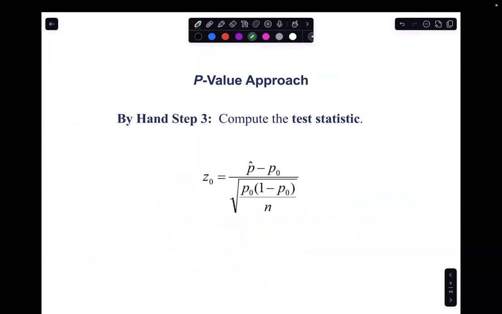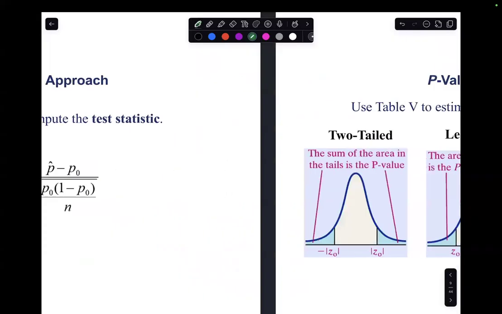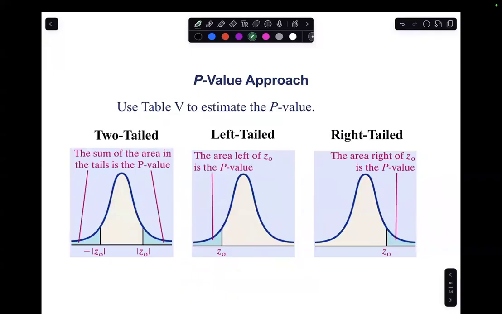Okay, I'm going to move on. For the p-value approach, you're going to compute your test statistic, as we said. Then it wants us to use the table to estimate our p-value, which we can do, or you can use normal CDF to estimate your p-value once you have those z-scores.